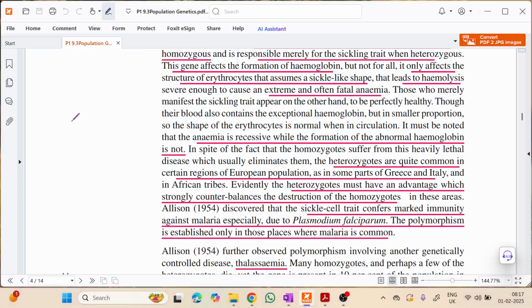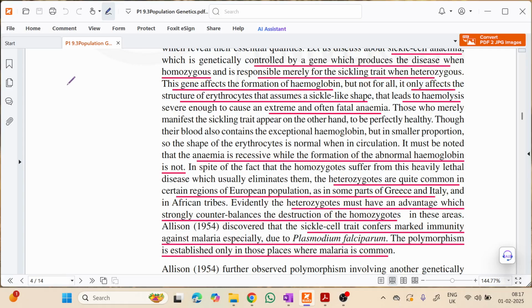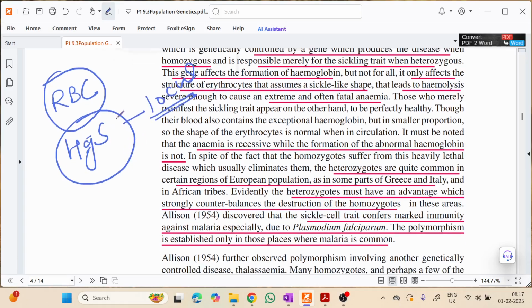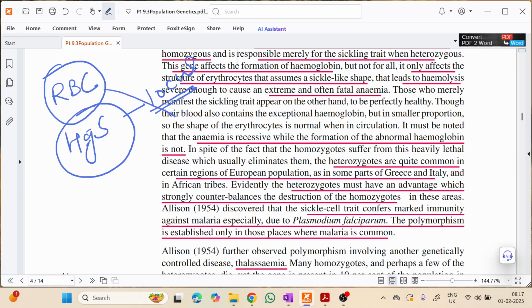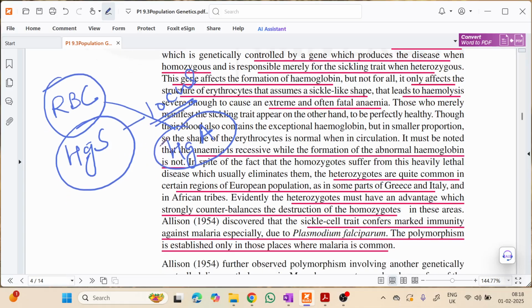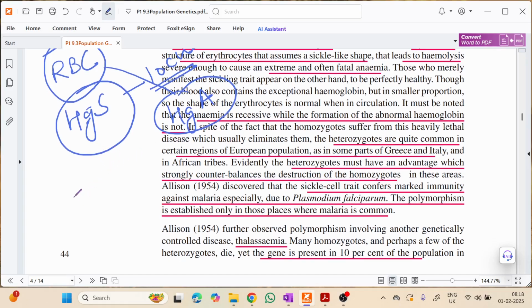But साथ में ये चीज और कही है, which is that this gene RBC, जिसके लिए जो gene है particular hemoglobin, so when this is in spherical shape, this is known as HGS, which is its locus. अब when it takes a sickle shape, it takes the variety of HGA. अब ये दोनों इसके alleles हो गए. अब 3 conditions होती है.